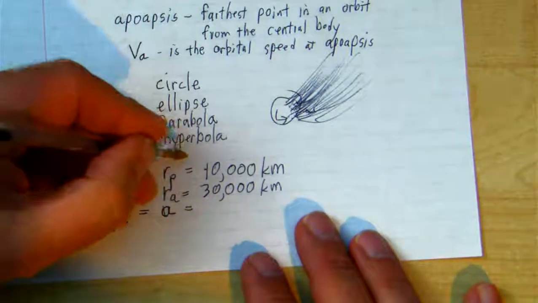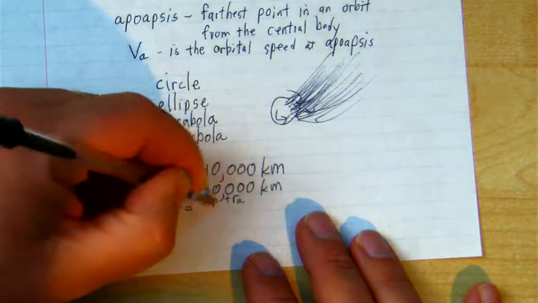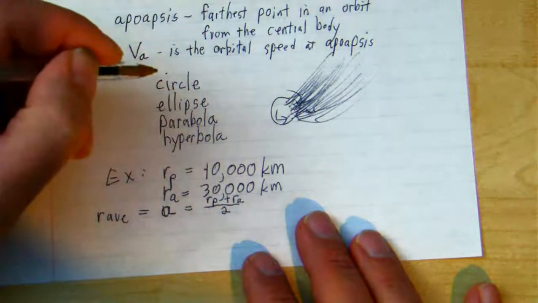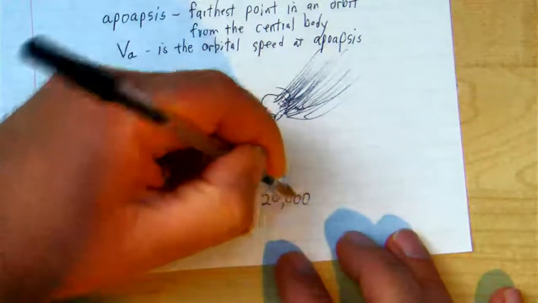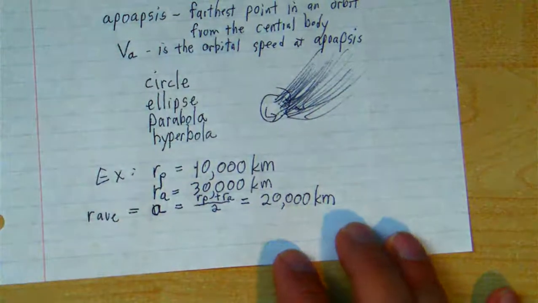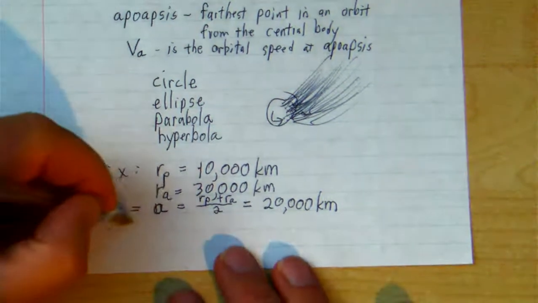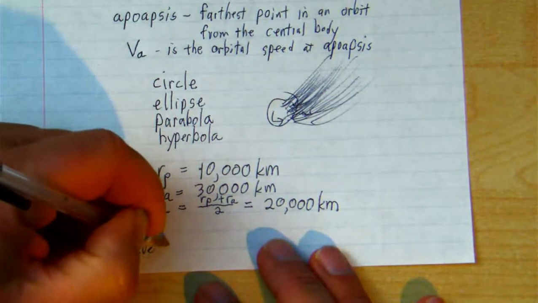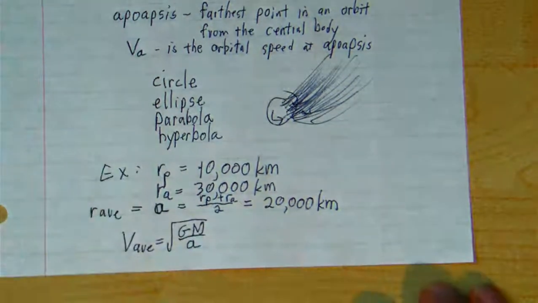And in this case, if you take the periapsis distance and add to that the apoapsis distance, divided by 2, in this case, I chose nice simple numbers. The average distance from the Earth would be 20,000 kilometers in this example. And from that, you can calculate the average speed using square root of GM over a, the semi-major axis.